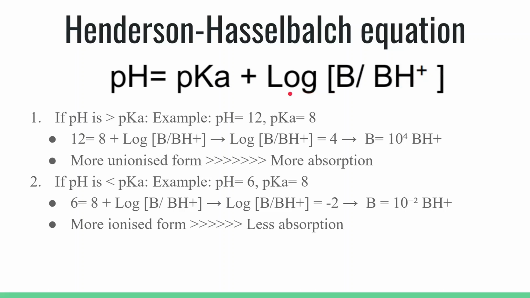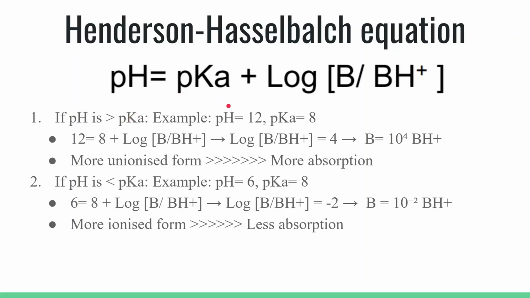So let's take some examples of how this can happen. Let's say, for example, that the tissue medium has a pH of 12. It's very basic. This would never happen, but just imagine. It has a pH of 12 and your local anesthetic has a pKa of 8. So in this case, the pH of the medium is larger than the pKa of your drug.